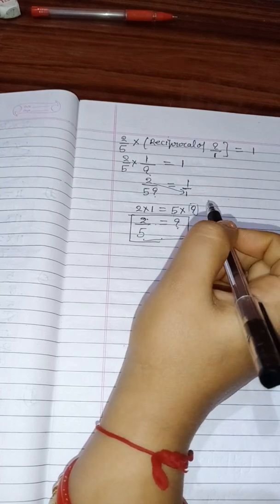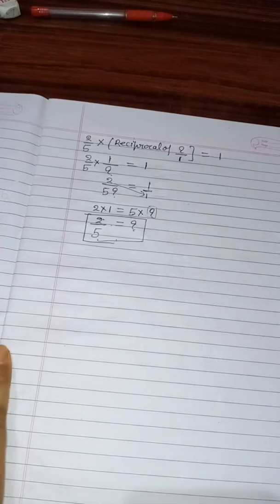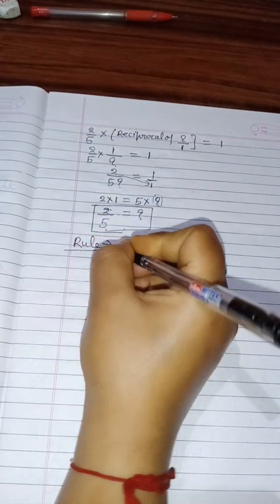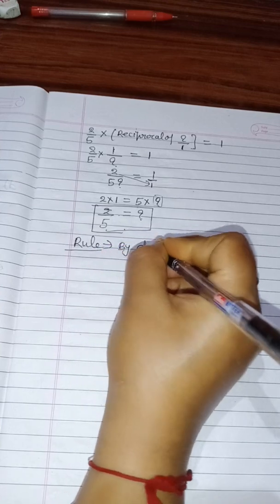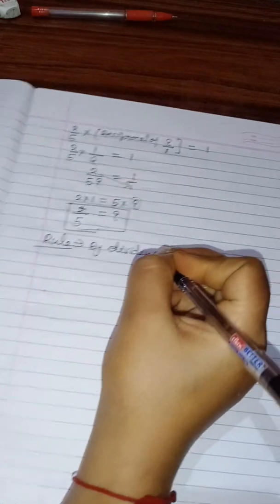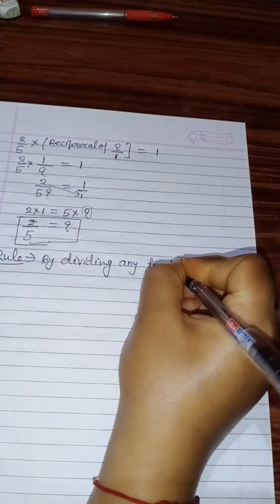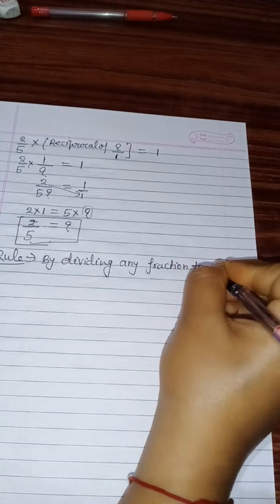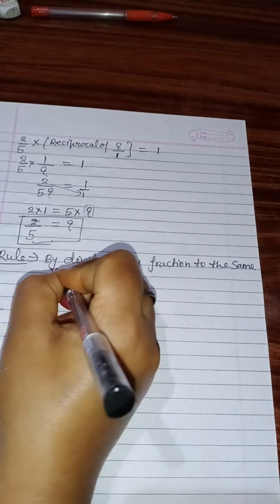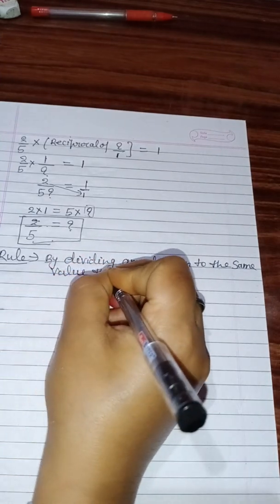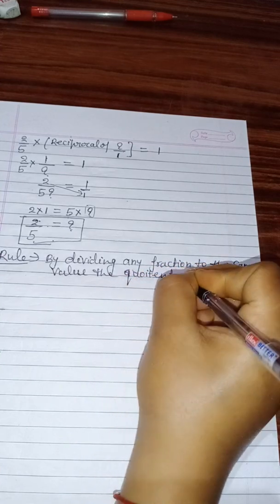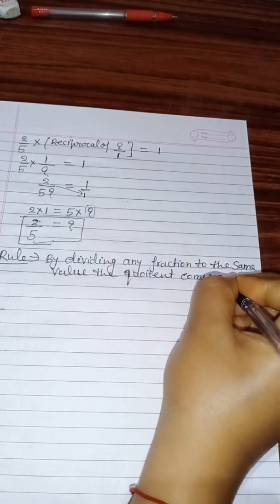You can also write it as a rule: by dividing any fraction by the same value, the quotient comes as 1.